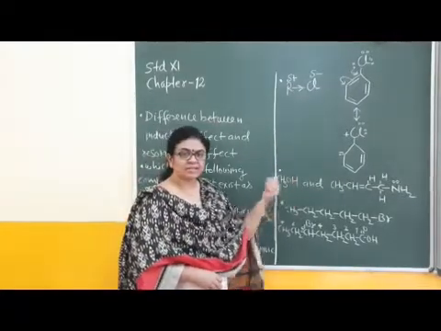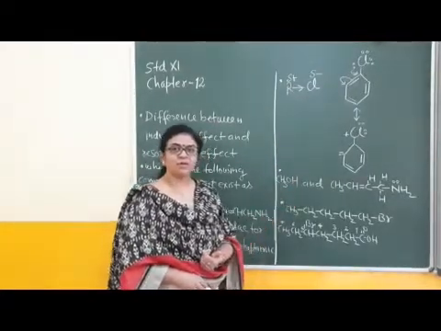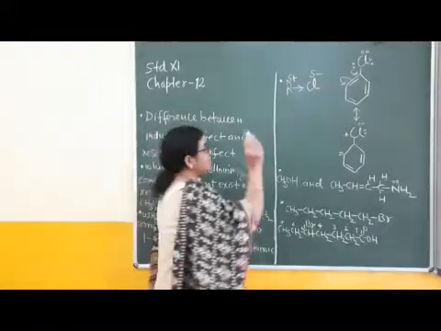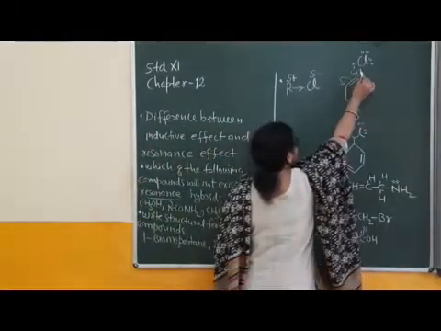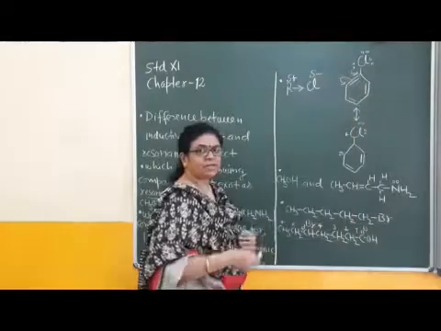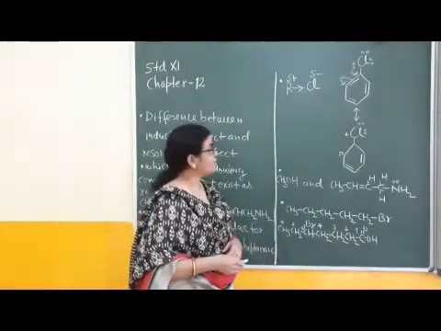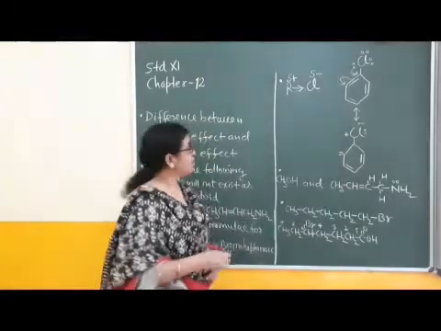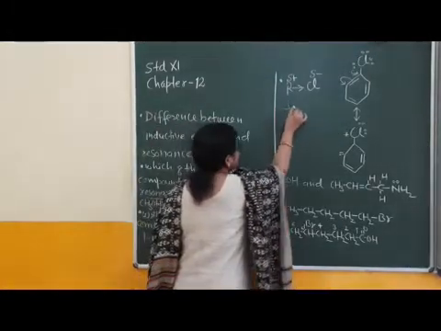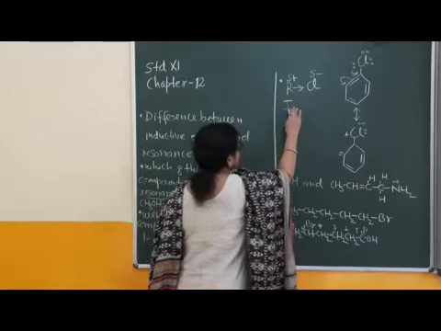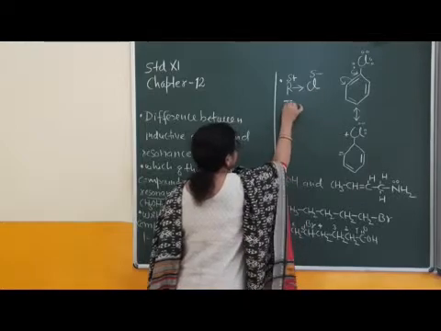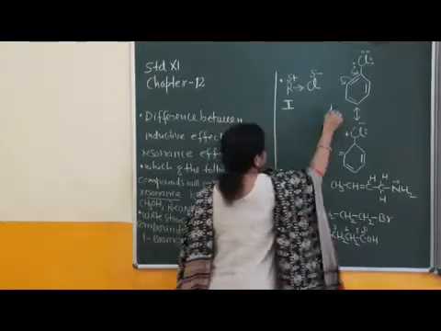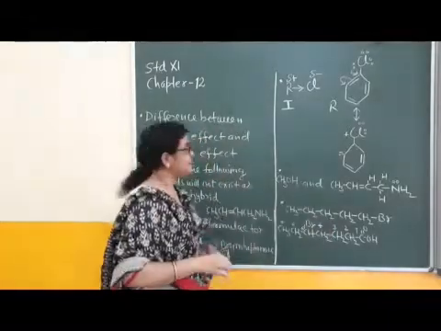This type of unsaturation is called conjugation. In this ring, this lone pair of electrons is in conjugation, so resonance is possible. Okay, children? These are the differences between inductive effect, this is showing the I effect, and this is showing resonance.